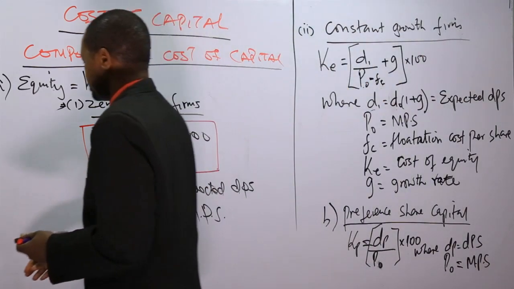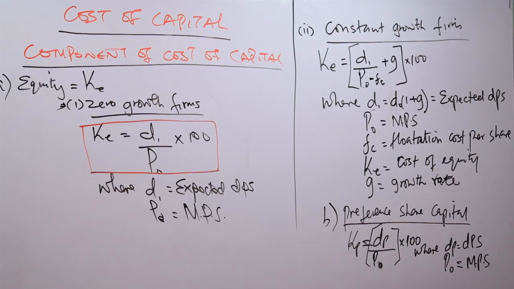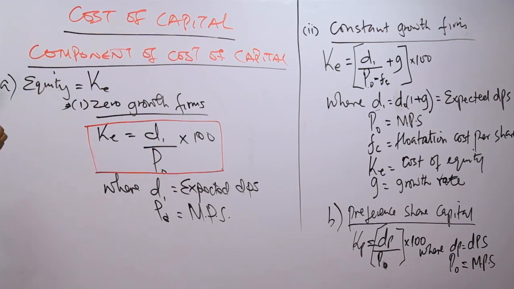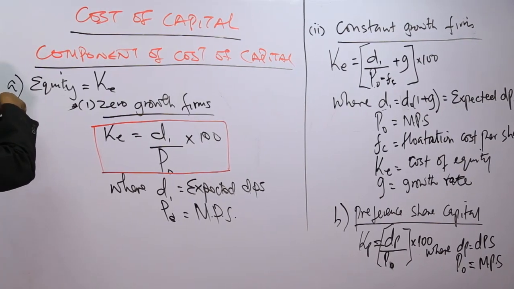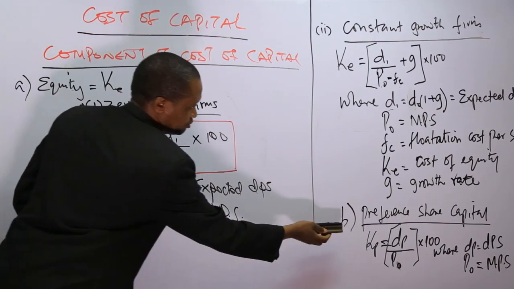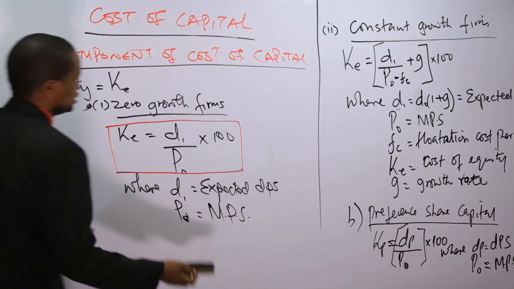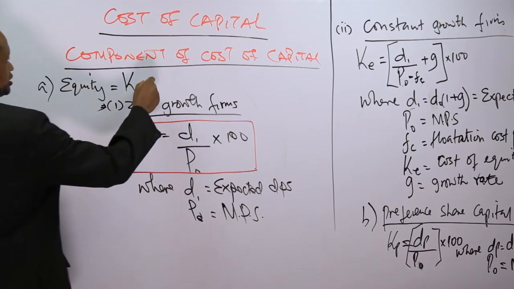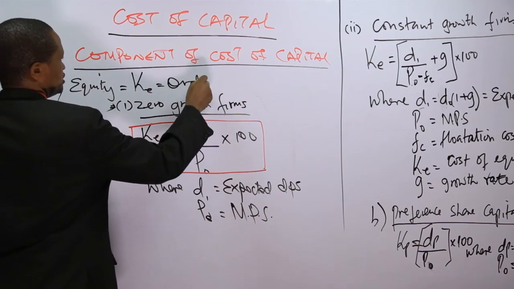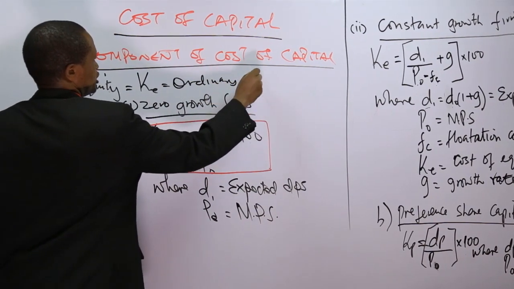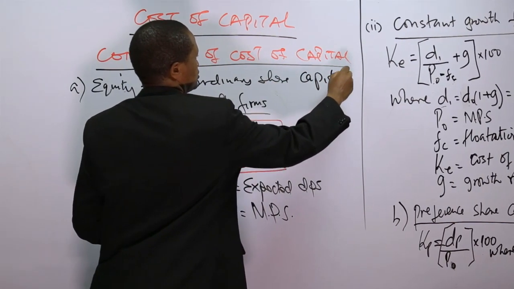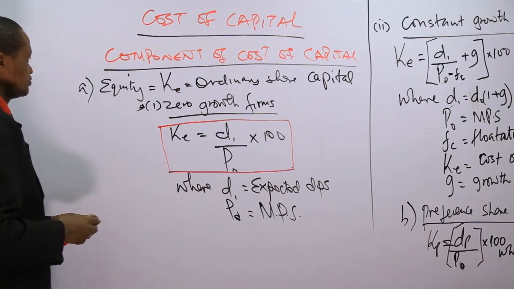Preference share capital. So that is the second component. Component 1 is the equity, the ordinary share capital, and component 2 is the preference share capital.